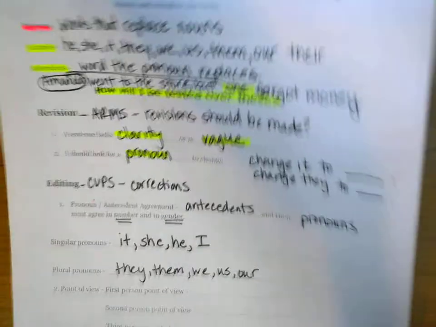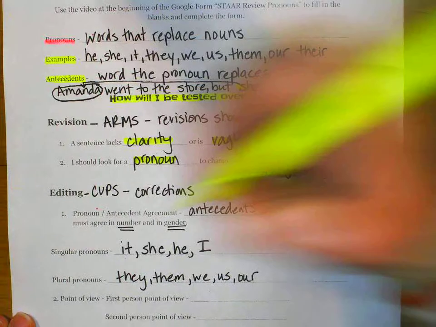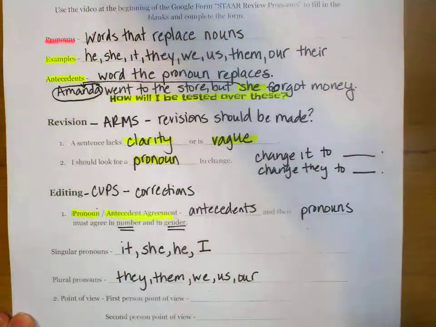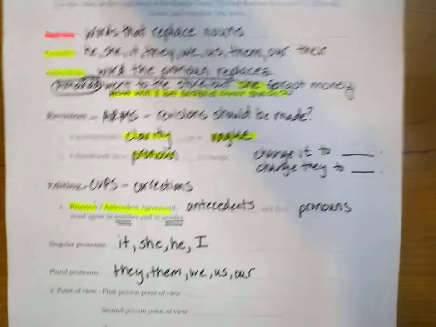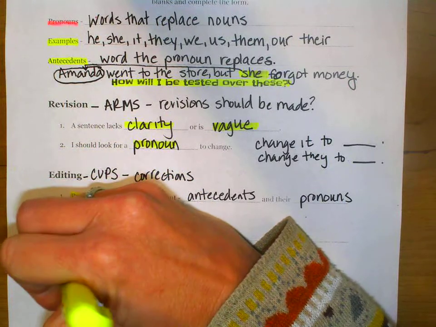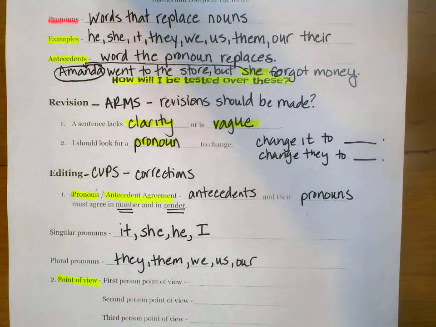So now we have, they're going to test us on pronoun antecedent agreement. Okay, so they're going to make sure you're checking to see if your pronouns and your antecedents agree. They can also test you on point of view pronouns, and that sounds like reading, but this is how they would do it in the writing test.